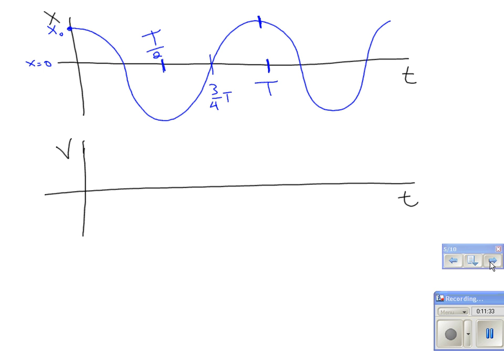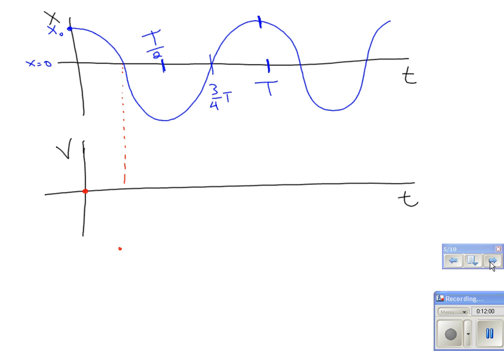When I pull my spring out to maximum displacement, what's its velocity? 0. So at this time, velocity is 0. When my spring gets back to equilibrium, at this point, it's going to be maximum. Excellent. In the positive or negative direction? If I displaced it, it's moving from the positive displacement. It's going to have a maximum negative velocity. Beautiful.